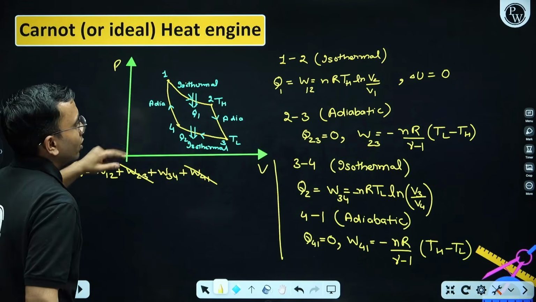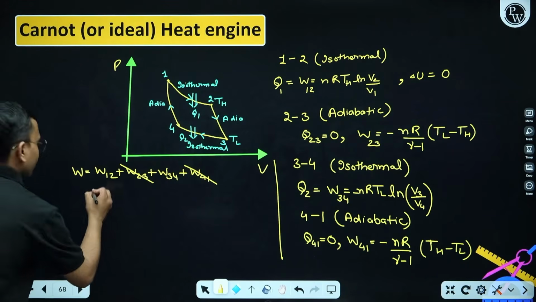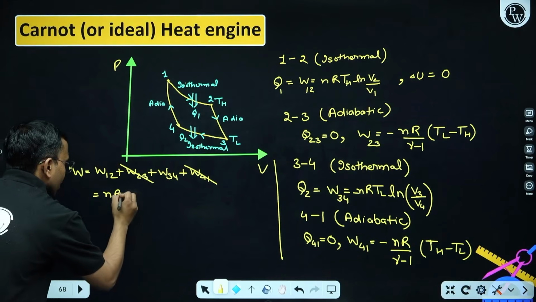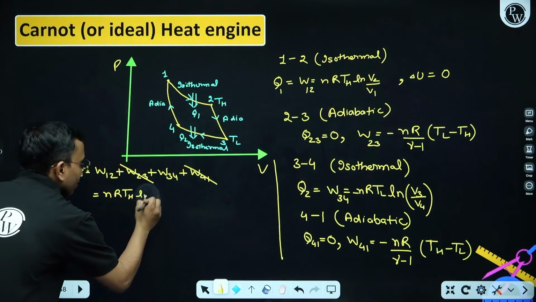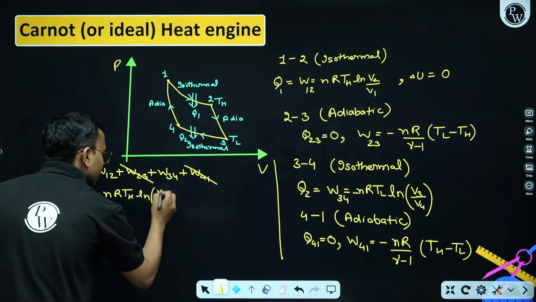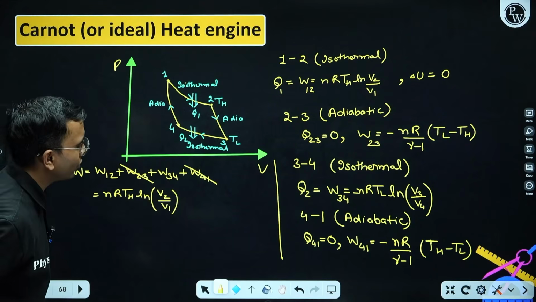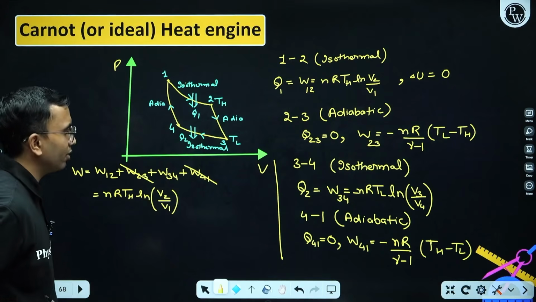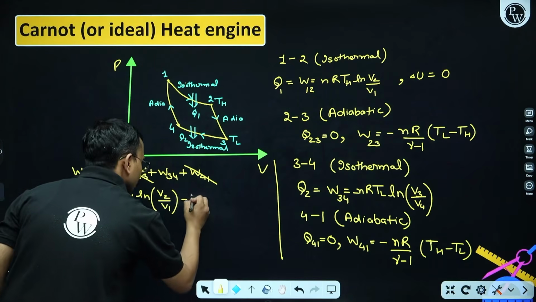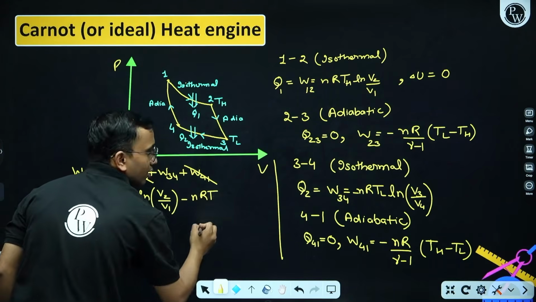What is W12? nRT high ln V2 by V1. And what is W34? Minus nRT low ln V3 by V4.